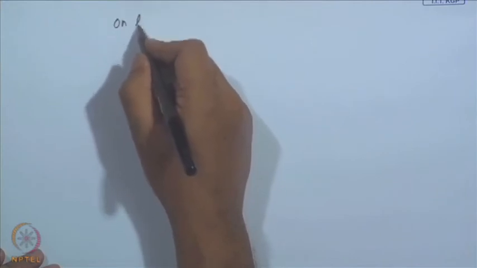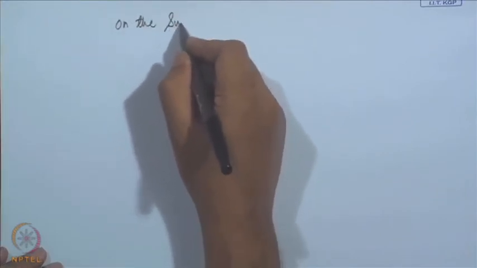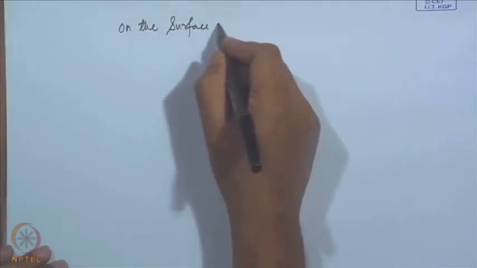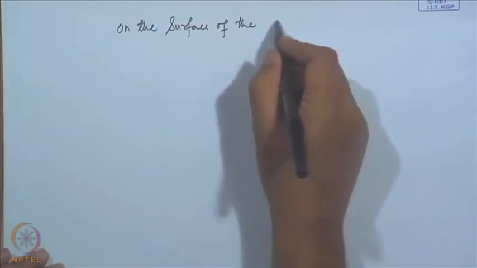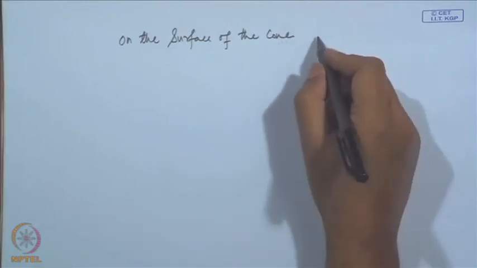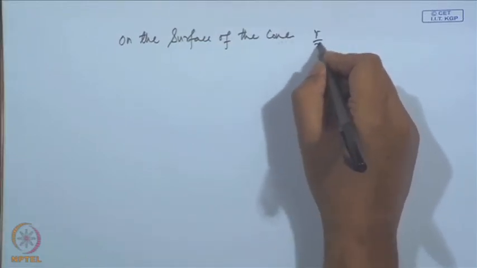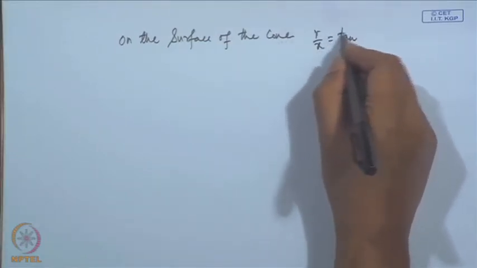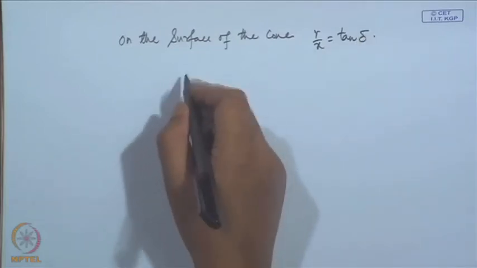Now, on the surface of the cone, we have x by r, or r by x, equal to tan delta.